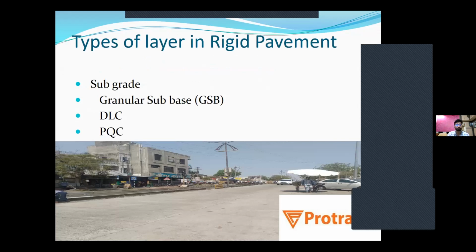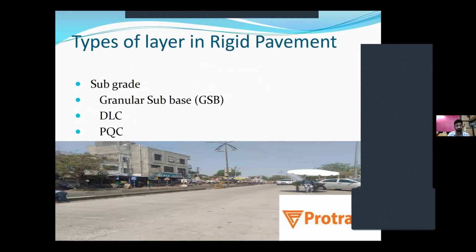Another difference between rigid pavement and flexible pavement is that flexible pavement is much more economical than rigid pavement, as rigid pavement consists of concrete. So naturally, the concrete cost of construction gets higher.